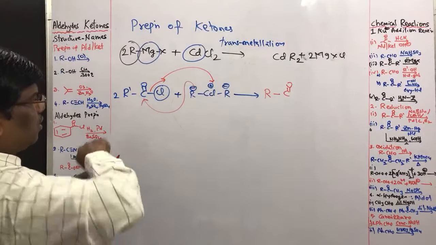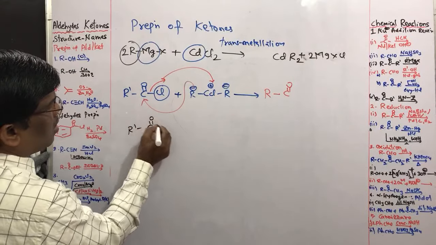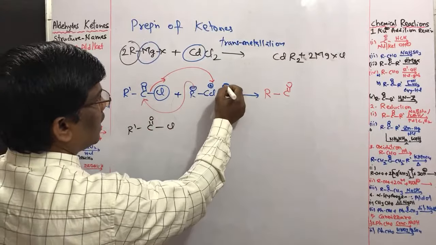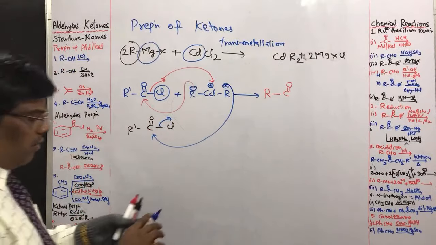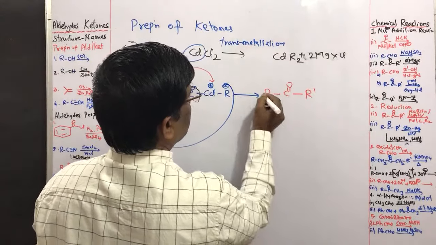Let me take one more here, 2 RCOCl. It is going to take up this and go out to give 2 moles of ketone.